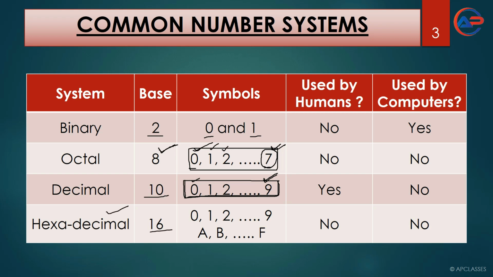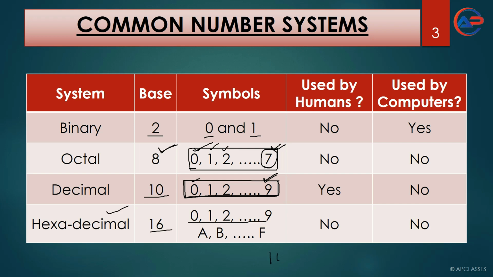Now hexadecimal number system, base is 16. 16 means we can use numbers from 0 to 15, because we are starting from 0. So the last number which can be used is 15. But here the twist is, you can use all the numbers from 0 to 9: 0, 1, 2, 3, 4, 5, 6, 7, 8, 9. But you cannot use 10.